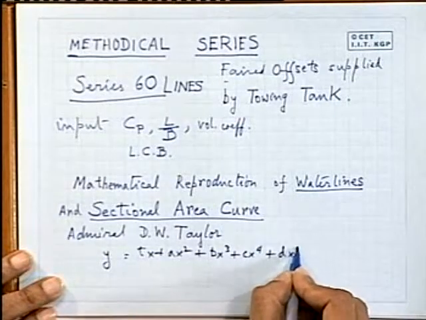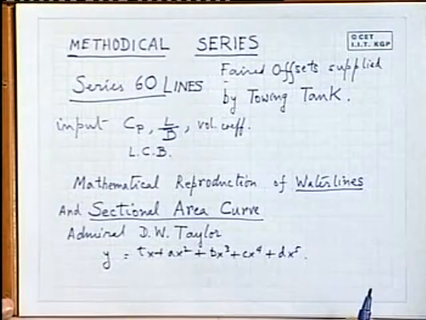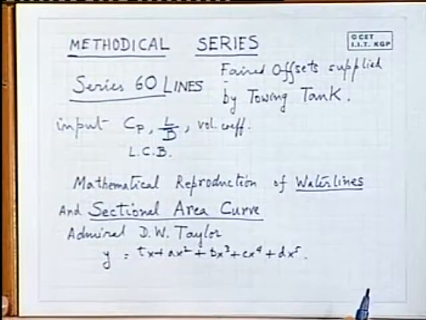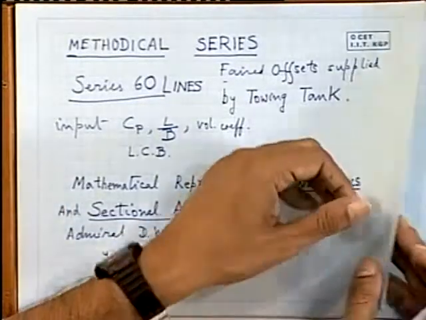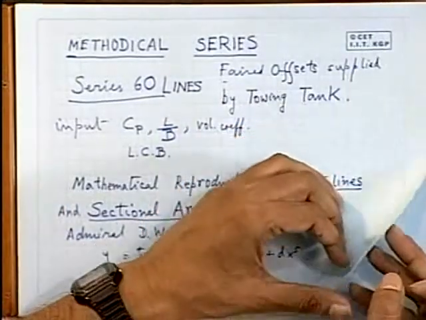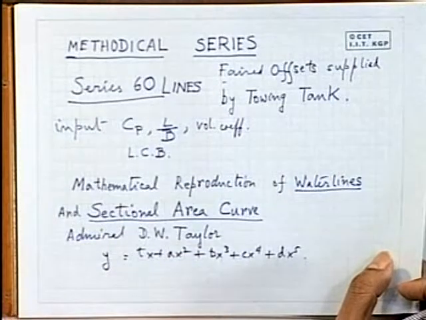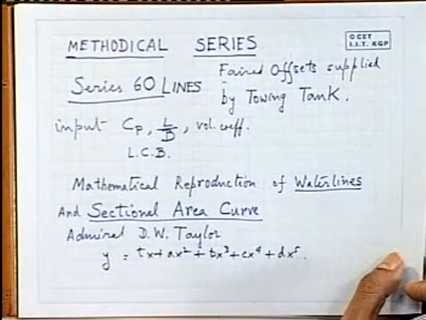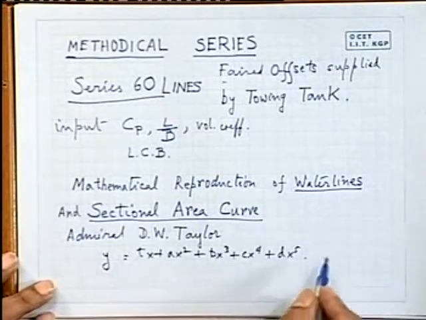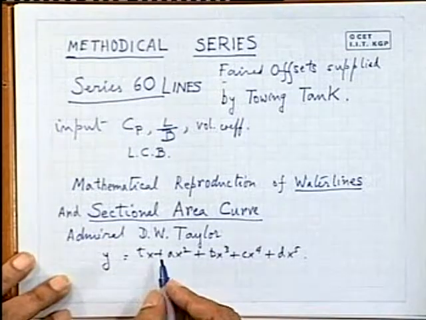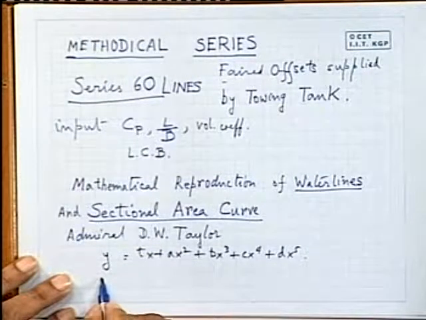Of course, this method is quite advanced now, called numerical production of ship lines by means of B splines, etc. Spline fitting has now come from this polynomial. So this was the earliest work, and he said that this polynomial you can write in terms of ship particulars.